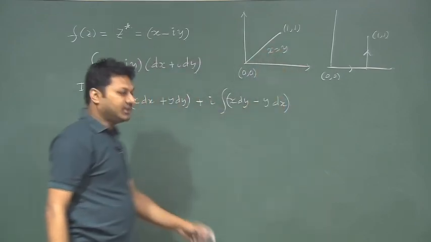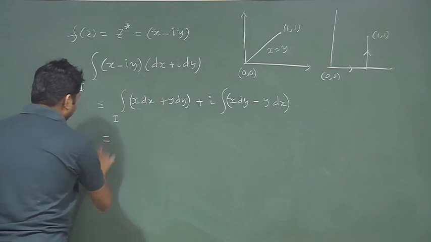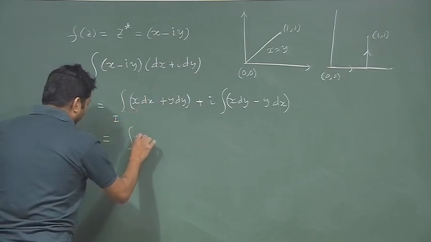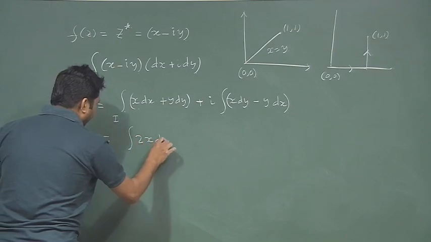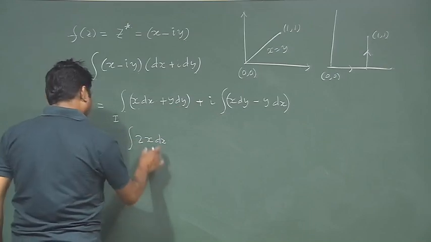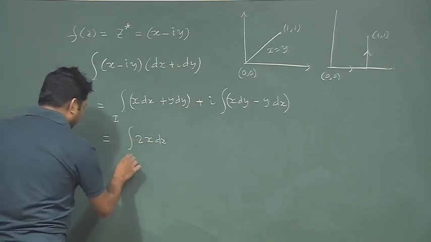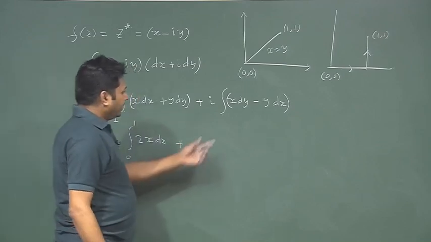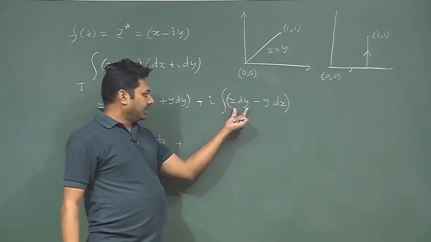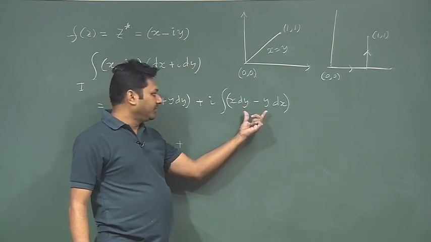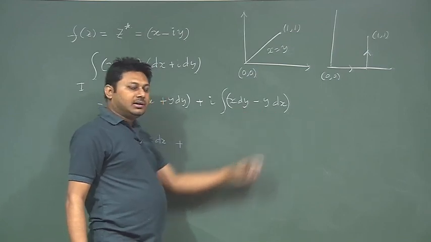When I put this relation here, I will readily find the integration. So, 2 of x dx, because y will be x and dx will be dy, and my limit is 0 to 1. However, when I put x equal to y and dx equal to dy in the second part, this quantity vanishes, because this minus this is 0.